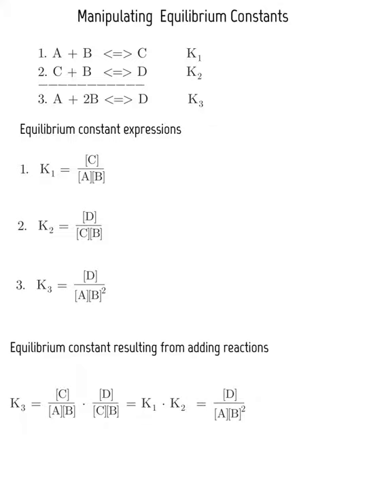And just to recap, if you are reversing a reaction, you're going to find the inverse of your equilibrium expression, so 1 over your equilibrium expression. If you multiply your reaction by a coefficient, then you're going to raise your equilibrium expression by that coefficient. And then if you're adding reactions, you want to multiply the equilibrium expressions of the reactions you're adding. Thank you, and I look forward to exchanging some more ideas in the next coming slides.